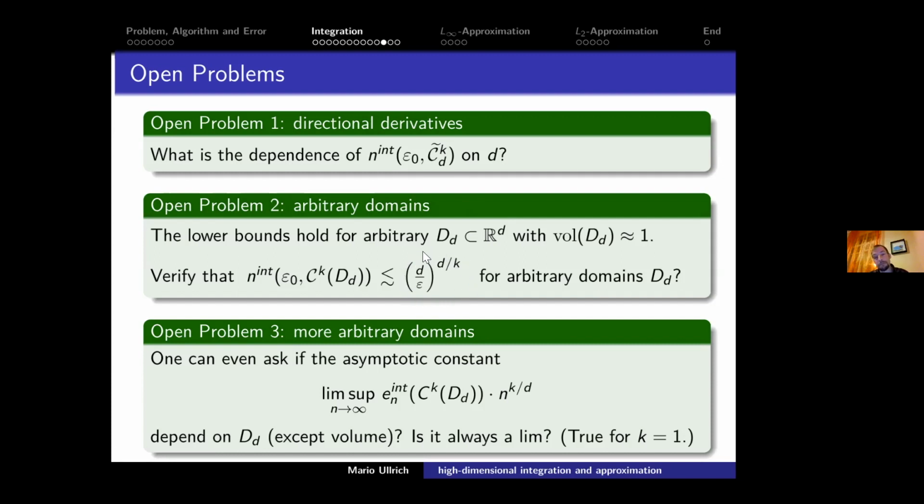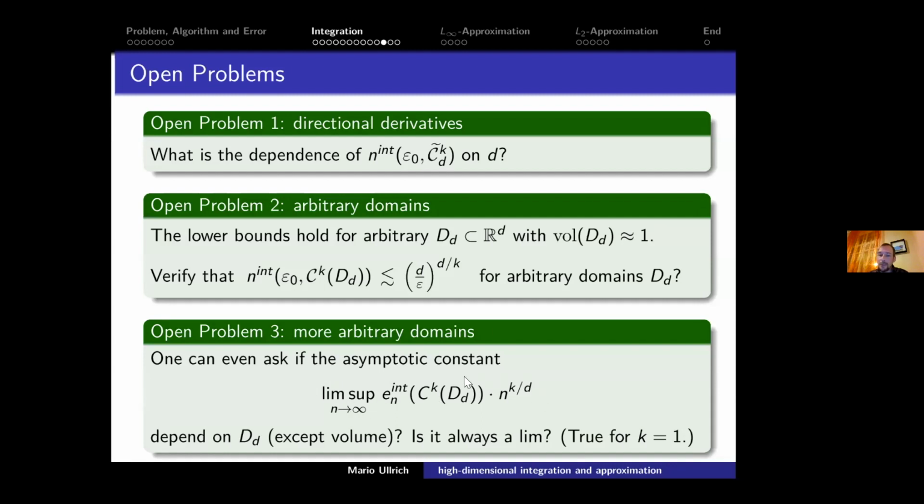And that's a different form, which is open problem 3, considered by many other authors, also from different fields in mathematics. So the question here is basically the same as to ask about the asymptotic constant here. You take the integration error in the class on the domain D, multiply it by the inverse of the order of convergence here, and take the lim sup.